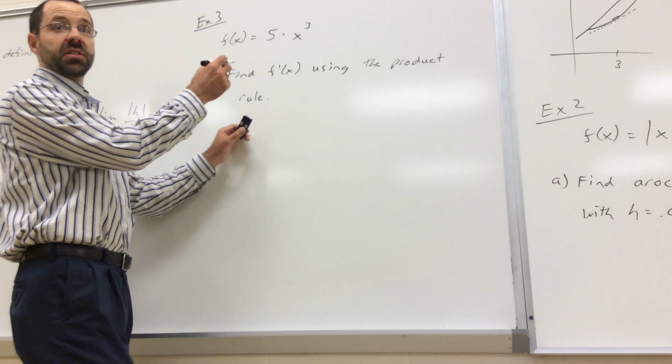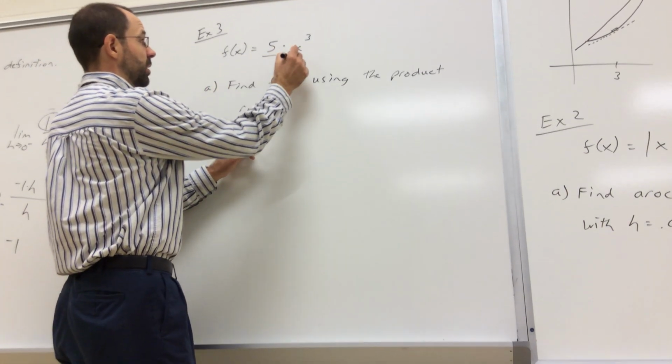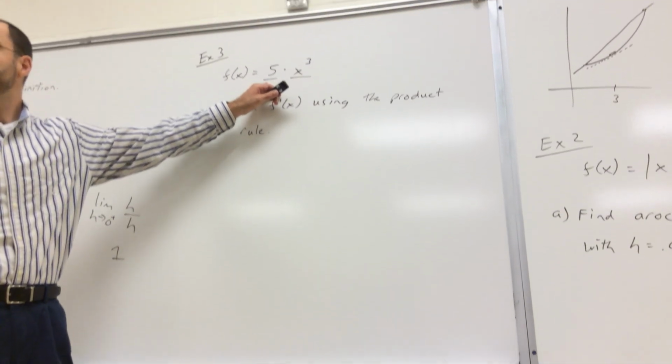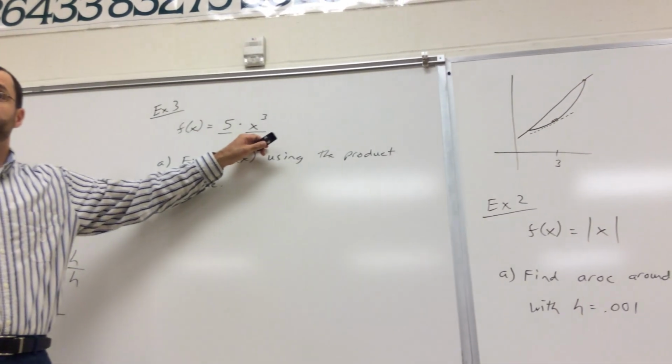Okay, so if I'm looking at this from the perspective of the product rule, my first function is 5, and my second function is x cubed.